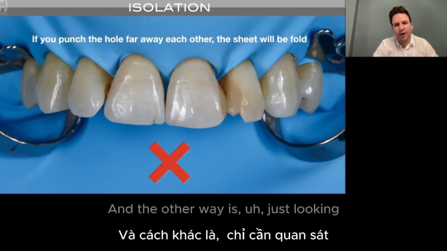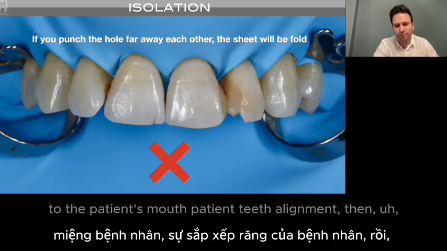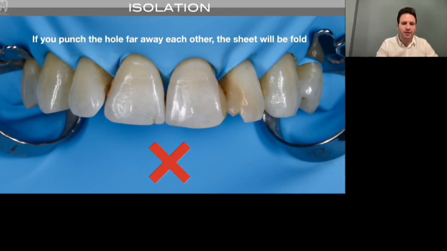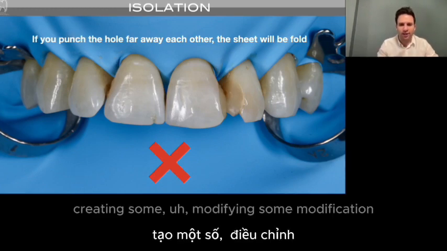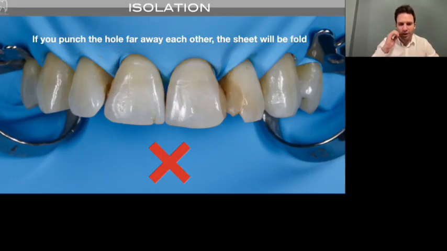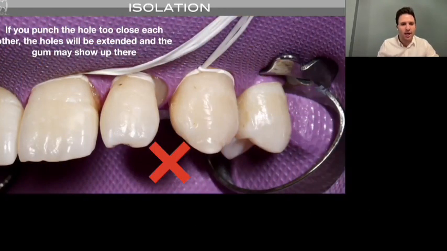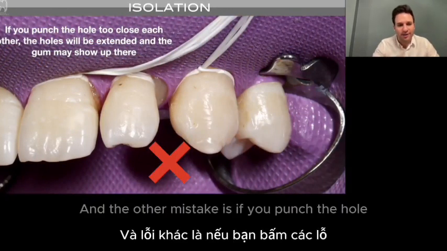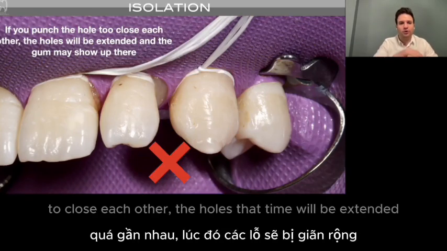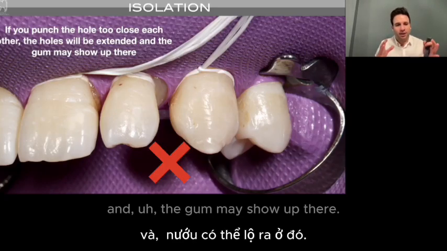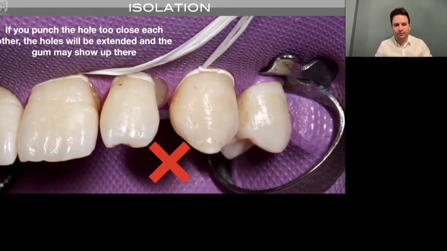The other way is just looking at the patient's mouth and teeth alignment, then making some modification before punching the holes. The other mistake is if you punch the holes too close to each other, the holes will be extended and the gum may show up there.